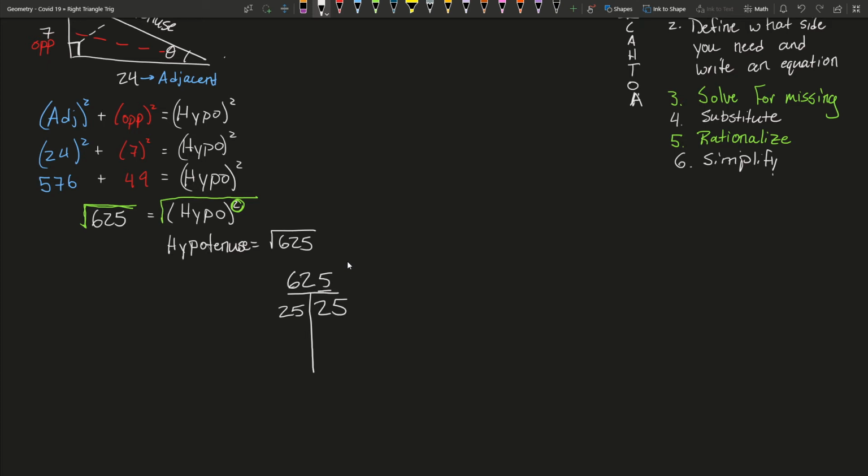So 625 can be rewritten as the square root of 25 times the square root of 25. And I can do this right now because 25 is a perfect square. If neither of these two factors were perfect squares, we couldn't do this.